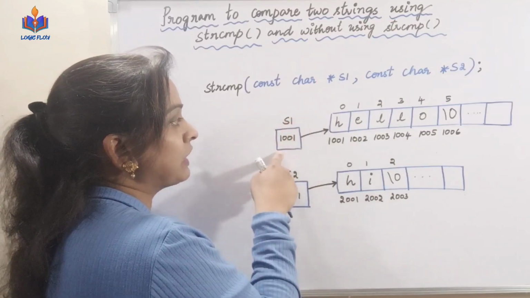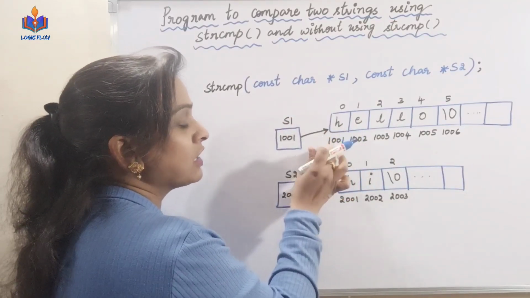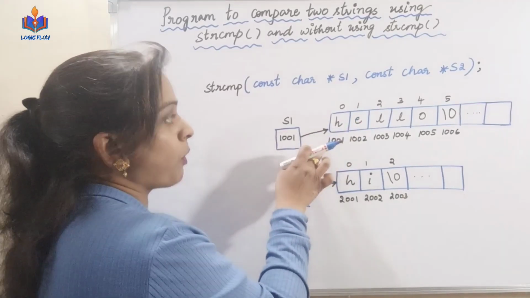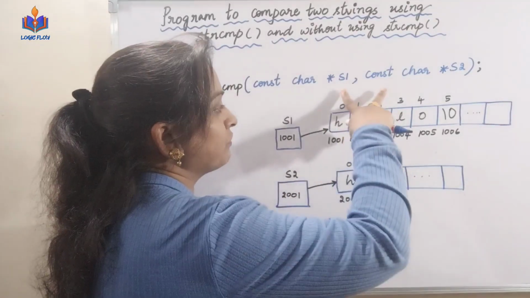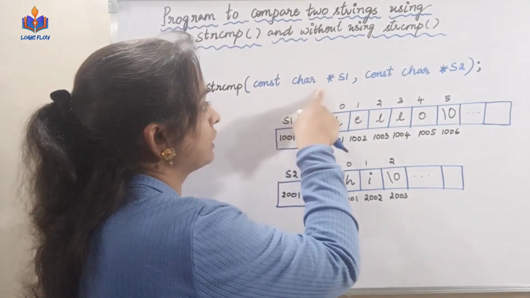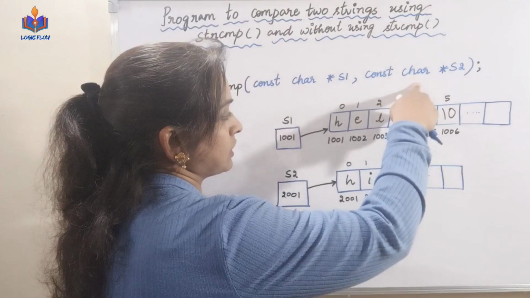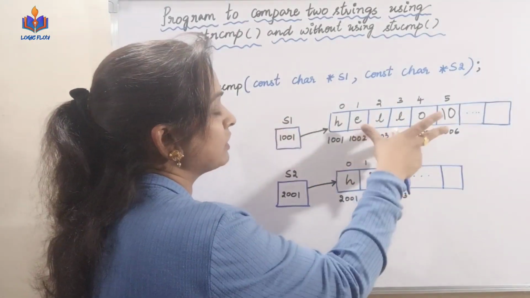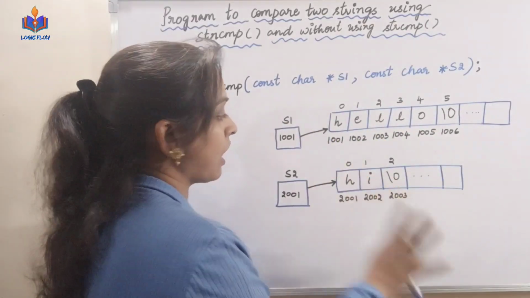So when I say S1, it will be pointing to the base address. Base address means the address of the first element. So it is the character pointer which is pointing to the base address. Like that we will have two arguments. First argument is a constant character pointer and second argument is also a constant character pointer. So if I say S1, which is having the string hello, and S2 which is having the string hi.